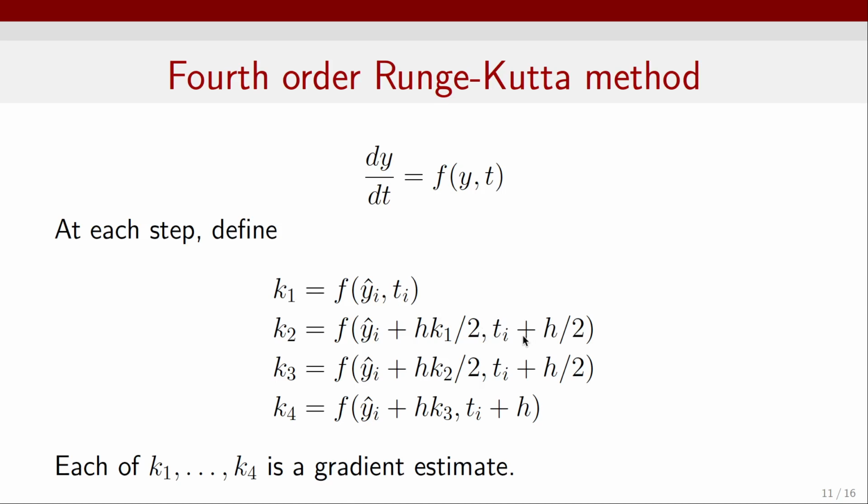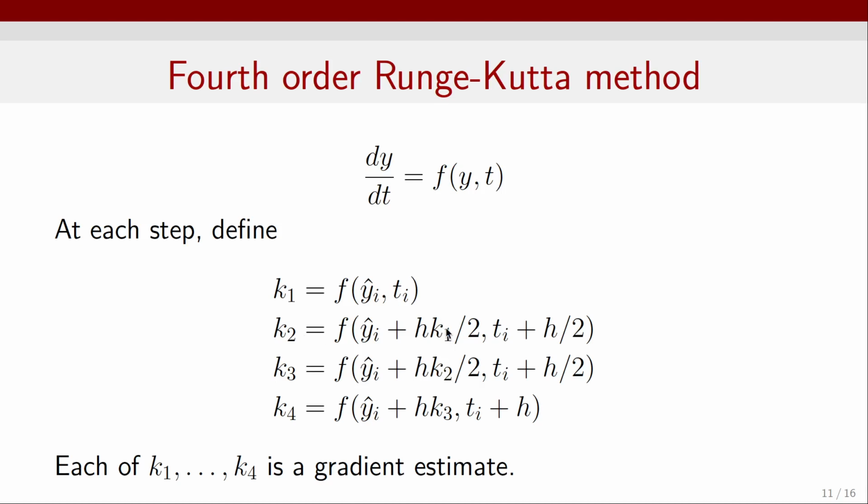Then we calculate the slope in the middle between ti and ti plus h. We do one evaluation, k2, and then we use that k2 to do another evaluation in the middle. So we do 2 evaluations in the middle.